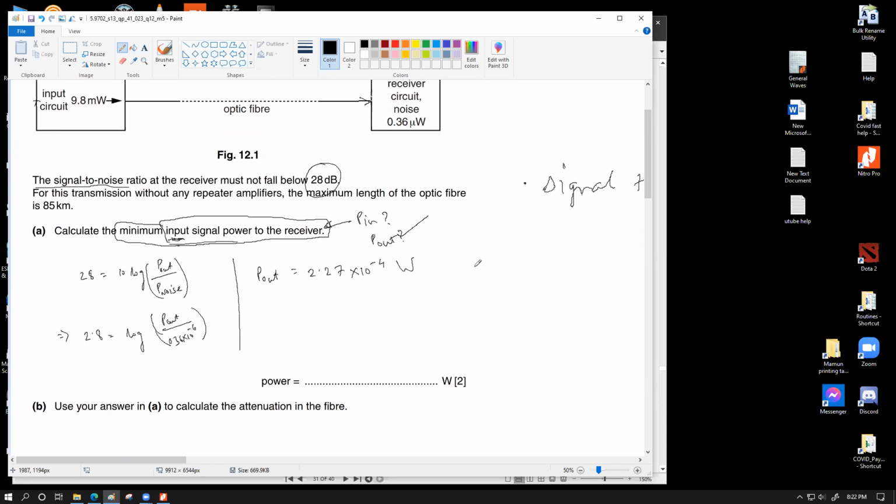Ryan is getting 2.27. I'd like you to have a read of my poor handwriting. This is 0.36. Maybe you wrote 0.38 or something. I'm not sure. Can I have a look again at your calculation? Yes, sir, 2.27 into 10 to the minus 4. Yeah.